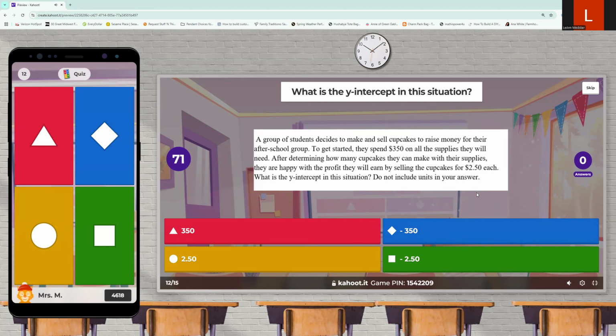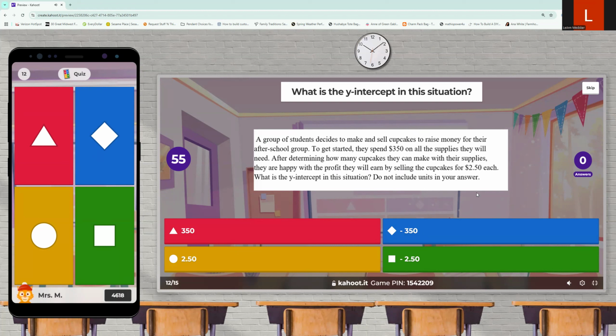The problem with this one is they're measuring profit. We're looking at the profit they're going to earn. They spent that money, so they didn't start out with a positive profit. They started out with a negative profit. When you start up a business, you go into debt to make it happen. So our y-intercept is negative 350. They went $350 in the hole just buying all their supplies before they even made any of the cupcakes.